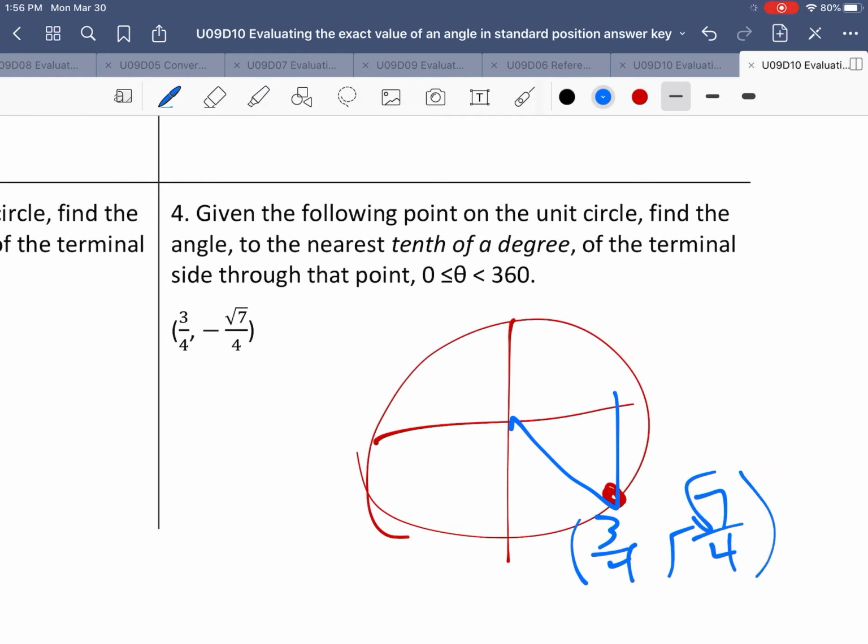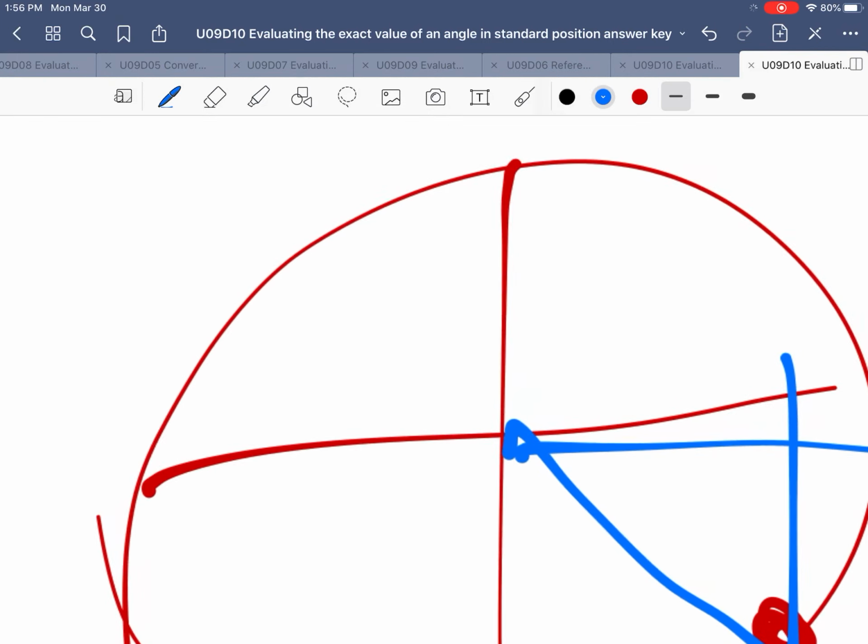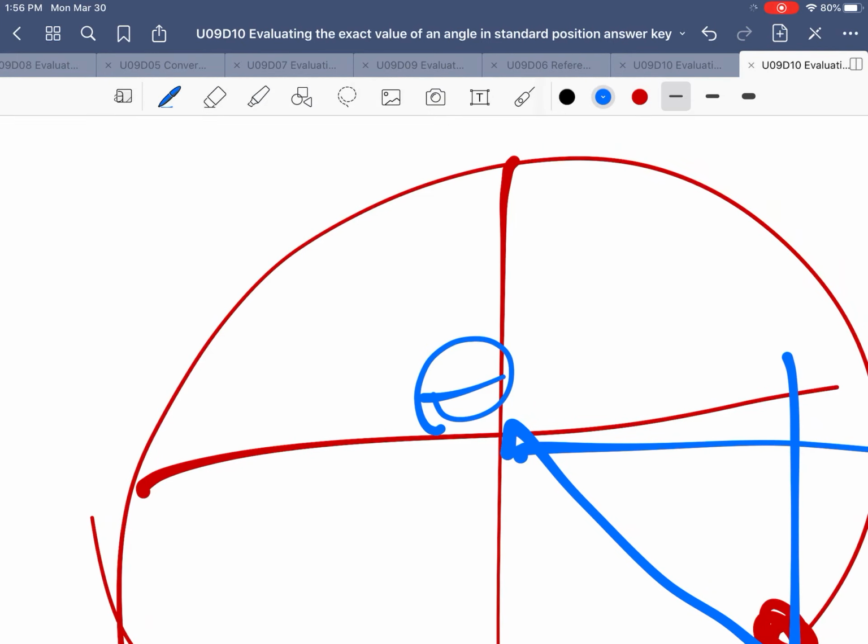Given the following point on the unit circle, find the angle theta of the terminal side through that point. So theta is between 0 and 360. That means theta is this angle and it wraps around this far.